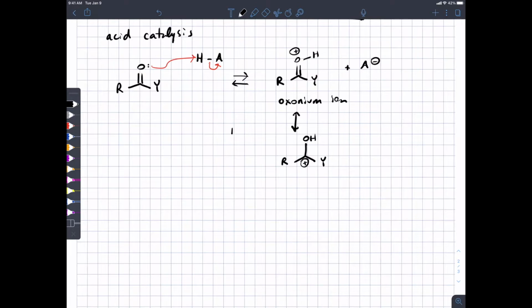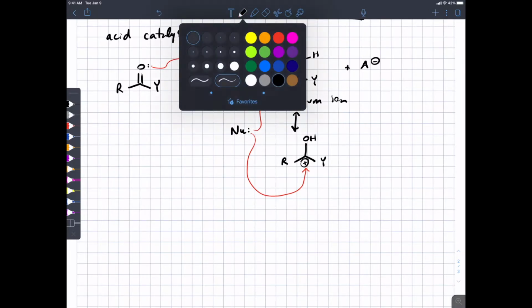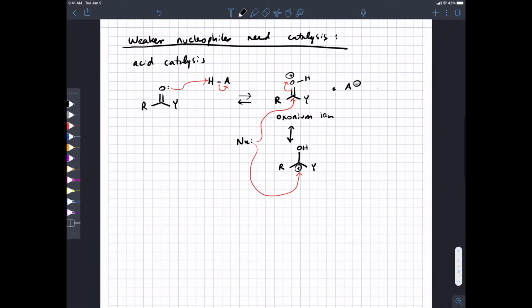And we would show that from either of these resonance structures, pointing the nucleophile attacking the carbonyl carbon, attacking the pi star at the carbonyl carbon, breaking the pi bond. We could also show from a different resonance structure an equivalent mechanism where the nucleophile would attack the carbonyl carbon.